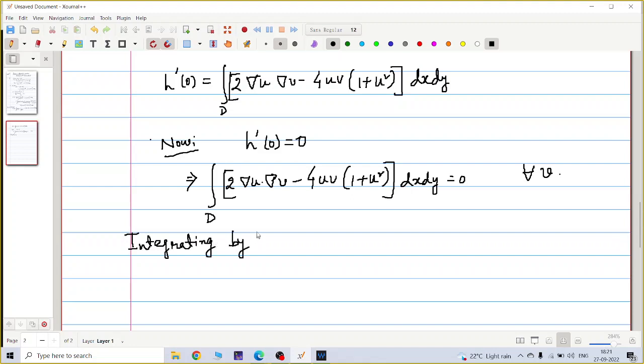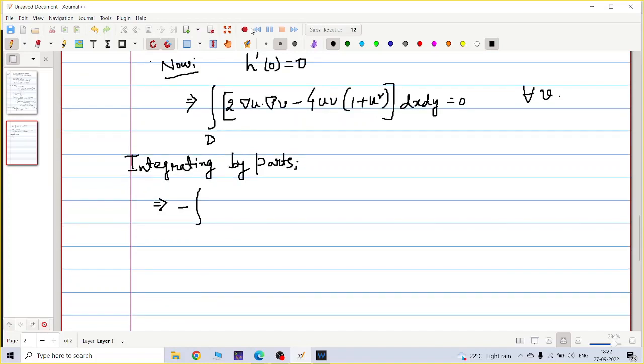Let me take 2 common from here, and then I will write directly. Let me first write the formula, then do the integration by parts.